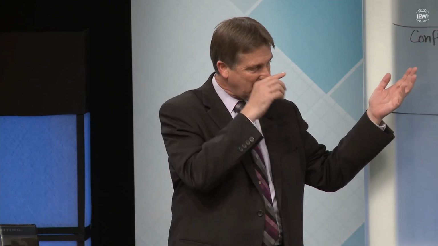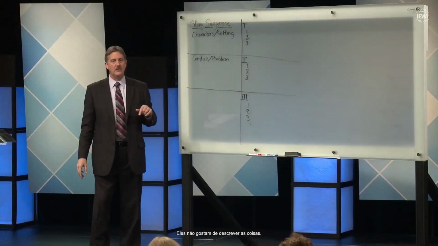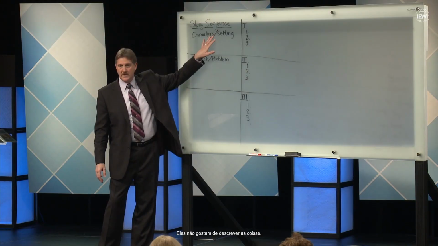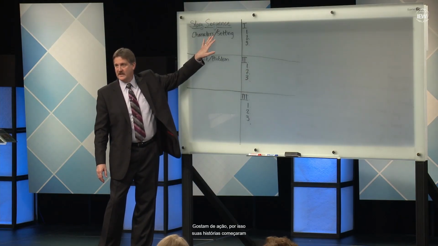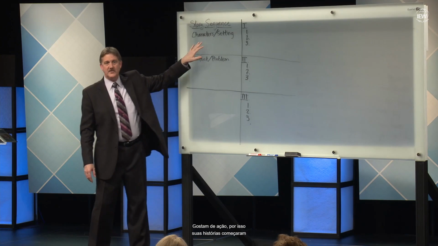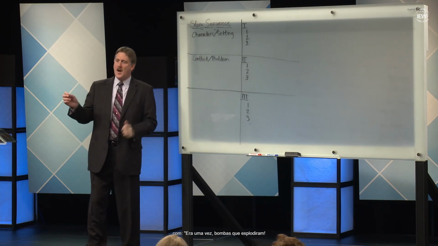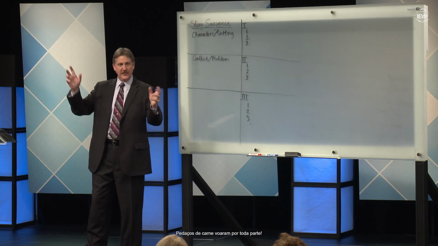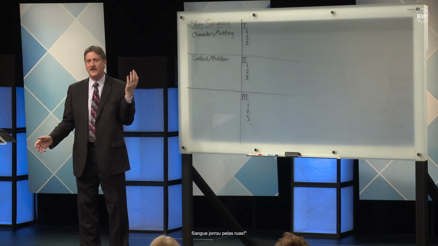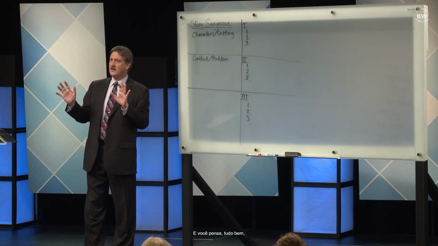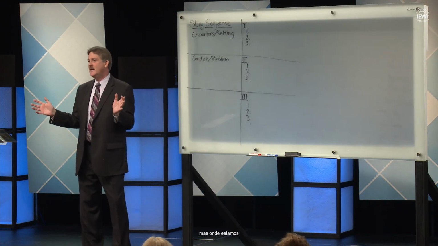You see? Now, I've met some kids, usually boys, who have the opposite thing going on here. They really don't like to have to describe stuff. They just like action. So their stories will start out, once upon a time, bombs exploded, bits of flesh flew everywhere, blood spurted in the streets, you know. And you're thinking, well, that's all fine and good.